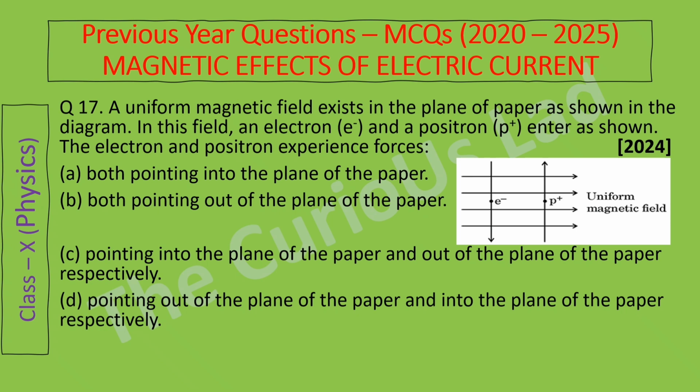A uniform magnetic field exists in the plane of paper as shown in the diagram. In this field, an electron and a positron enter as shown.